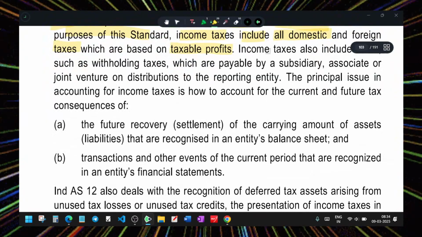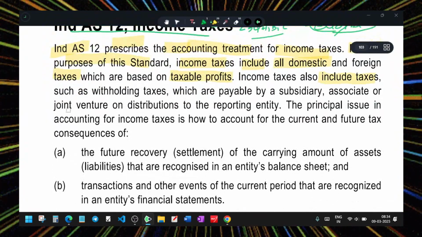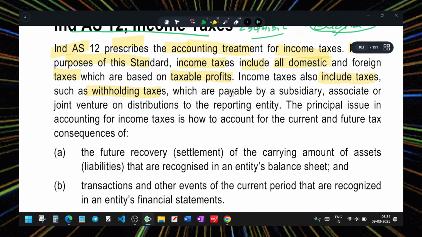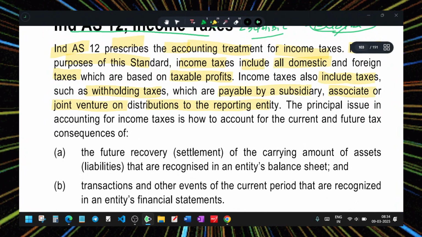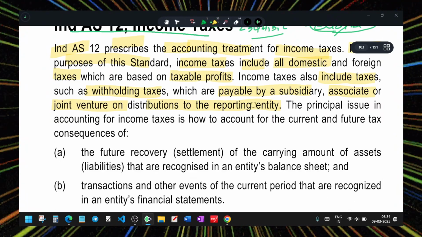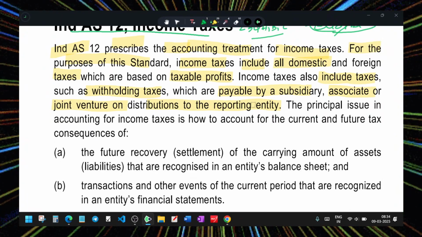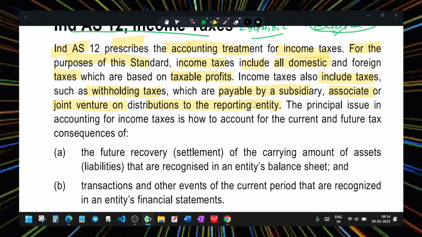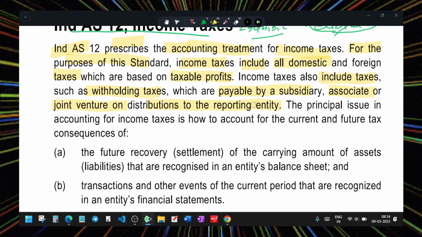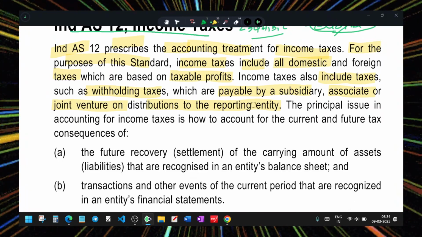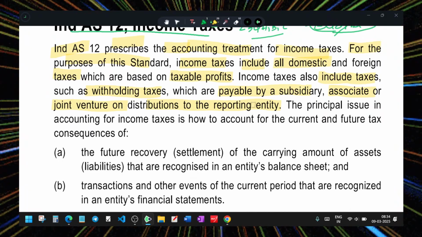Income tax also includes taxes such as withholding taxes, which are payable by a subsidiary, associate or joint venture on distribution to the reporting entity. Sir, two or three companies joined together and came up with a plan. Through that plan, we did some business and are getting some profit.